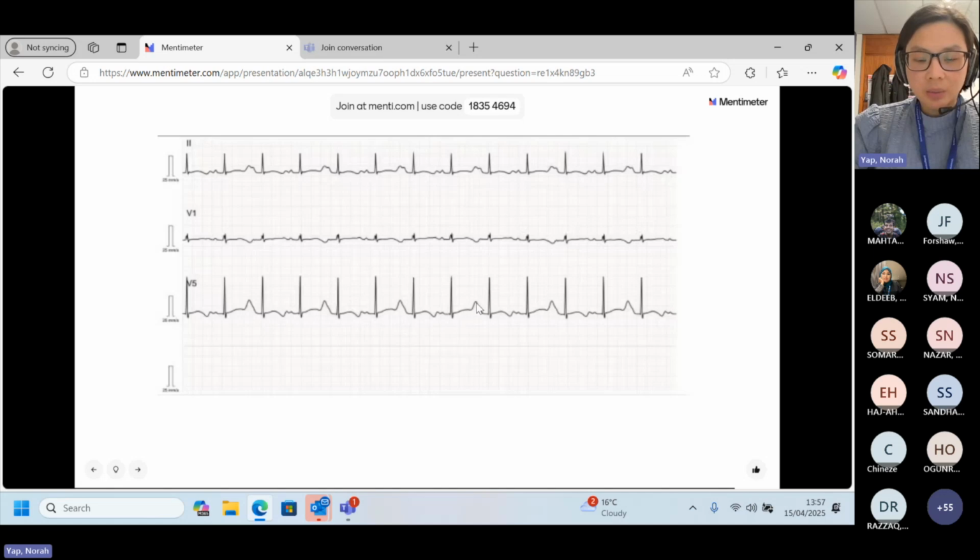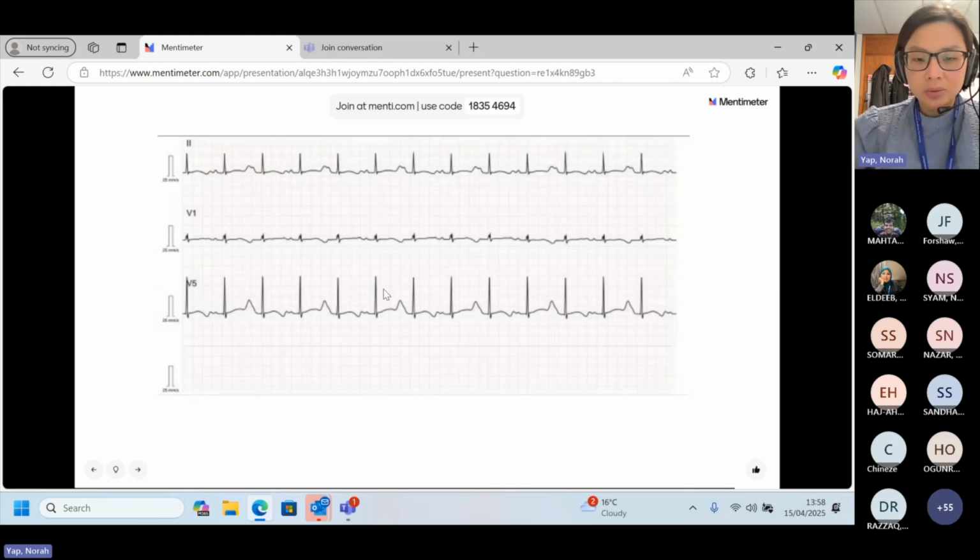So this is what we call T wave alternans. You see this when there is some sort of myocardial repolarization instability. It's a sign that the rhythm can degenerate into a torsade or polymorphic VT or VF.